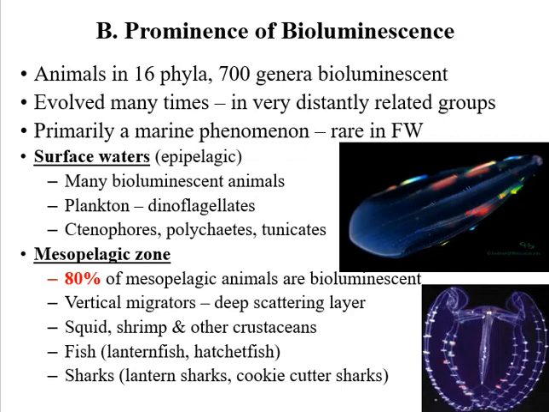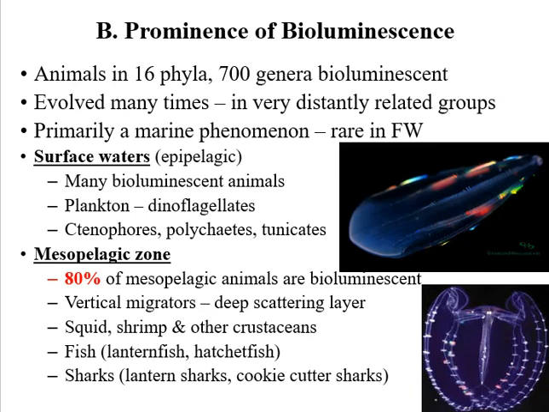So we don't need to go into all the details about the actual reaction, but there's a number of different ways that reaction takes place. There's a lot of animals that have similar reactions that produce different wavelengths of light. But look how common bioluminescence is.